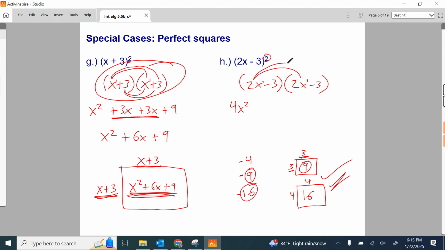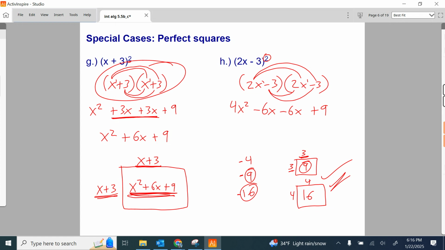Outside, I have 2x times minus 3, which is minus 6x. Inside, I have minus 3 times 2x, which is another minus 6x. And then lastly, I have minus 3 times minus 3, which is plus 9. All right, so there are my 4 parts.